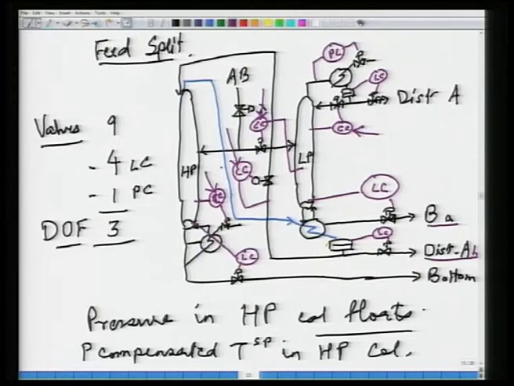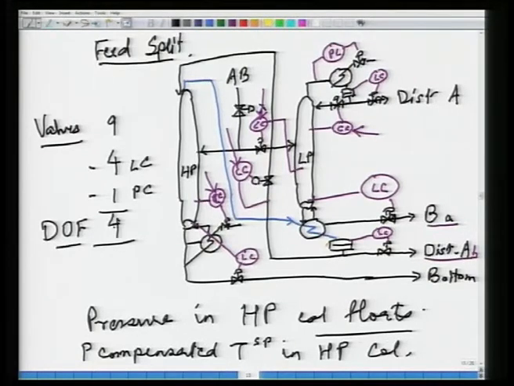These are the 4 set points that the operator can play with. So, the degrees of freedom is actually 4. Yes, that is true. If I look at the accounting, 4 levels need to be controlled, 9, 4 and 1. So, that is okay. That is actually 9 minus 5, the degrees of freedom is actually 4.